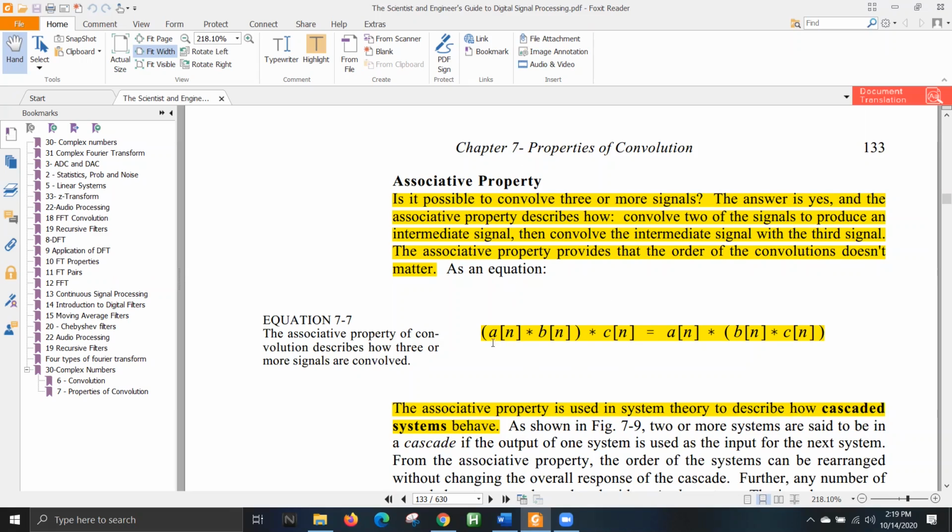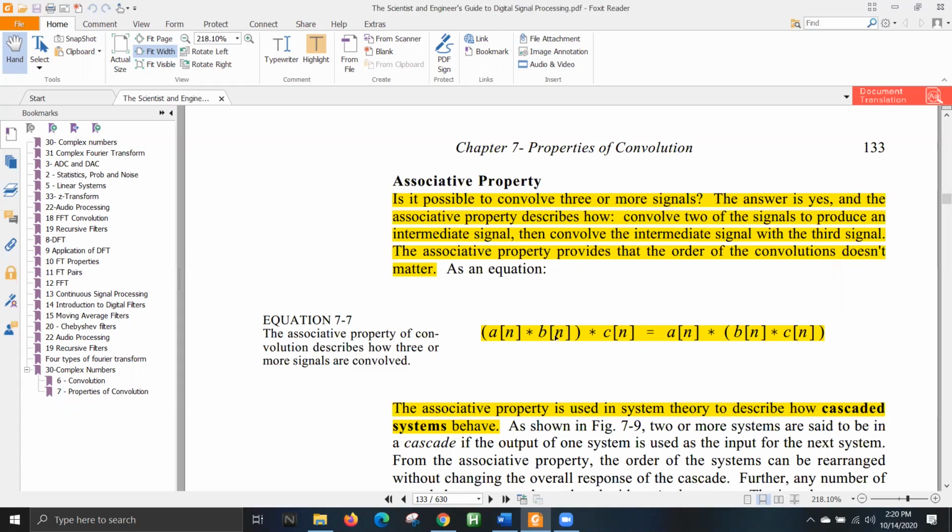As you can see, if you take a signal and pass it through a system so that it convolves with something, suppose b[n], or consider this as h1, it convolves with h1, and then you pass the output to another system that performs convolution with h2. Okay, so this is equivalent to passing the input to the combined system.